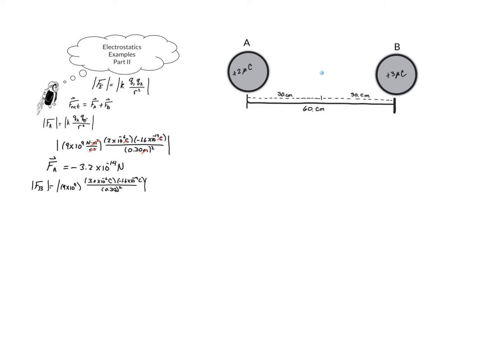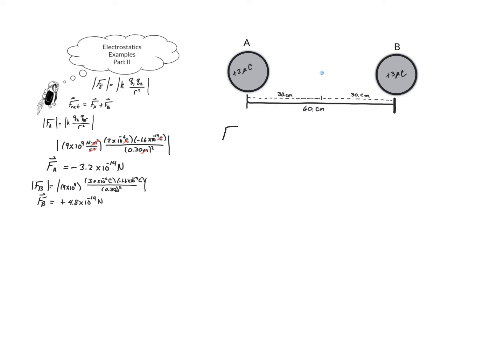If you plug this into a calculator, you get 4.8 times 10 to the negative 14 newtons. Now sphere B wants to pull the electron to the right, which is the positive direction, so I'm going to give it a positive sign here. So force B is in the right direction, force A is in the negative direction.